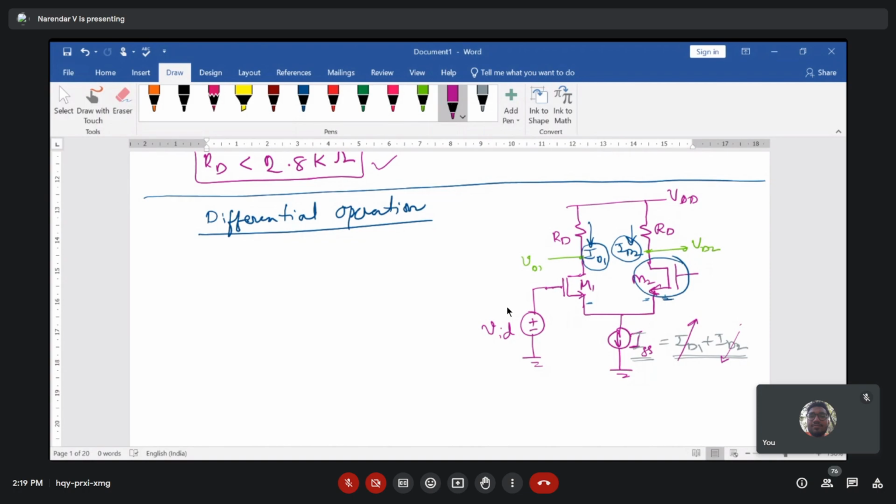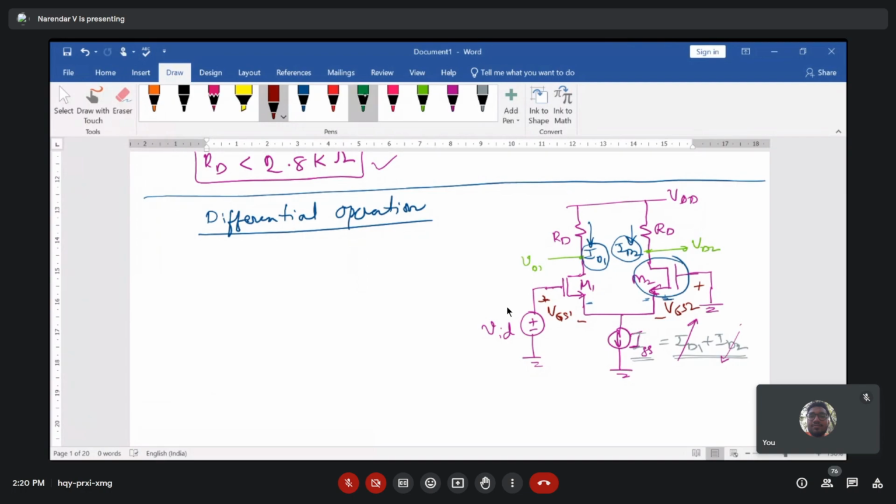Now let's see if we connect the M2 transistor's gate terminal to ground. What you can notice here is the gate to source voltage of the transistor M1, which is this one, VGS1, and for M2, VGS2.